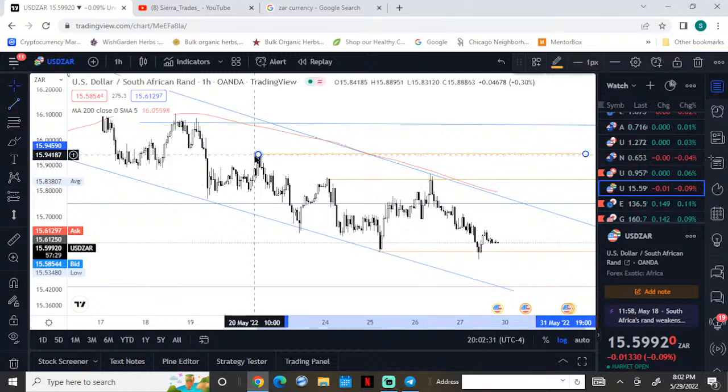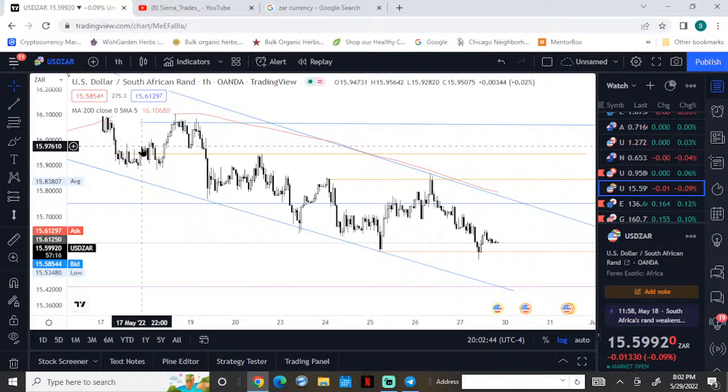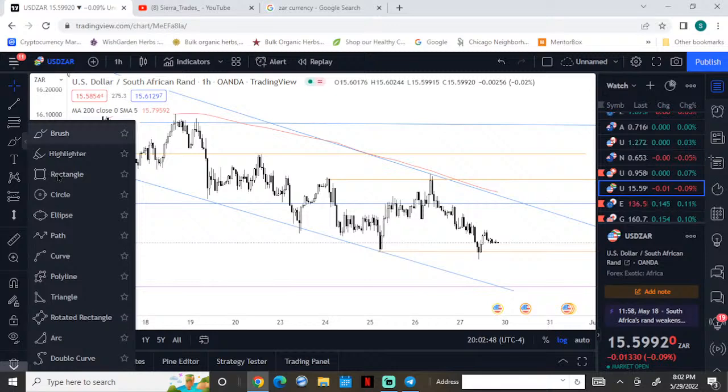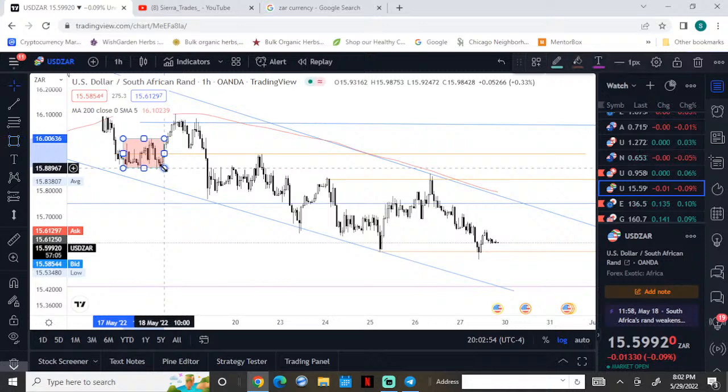And you may only see this one touch. Let me pull it over here. So price consolidated in this area. It broke out of this consolidation. So I marked this high to this low.